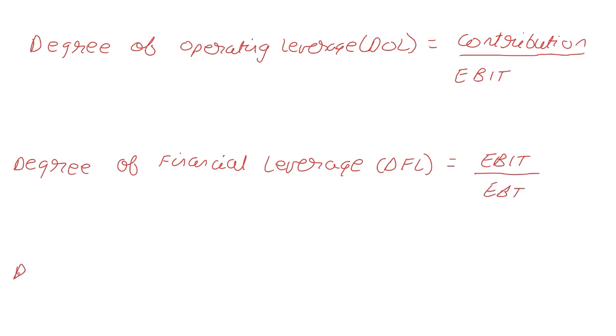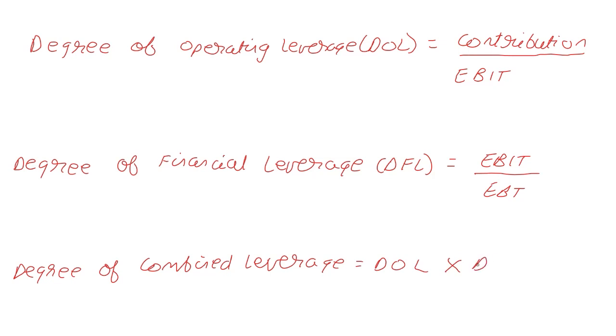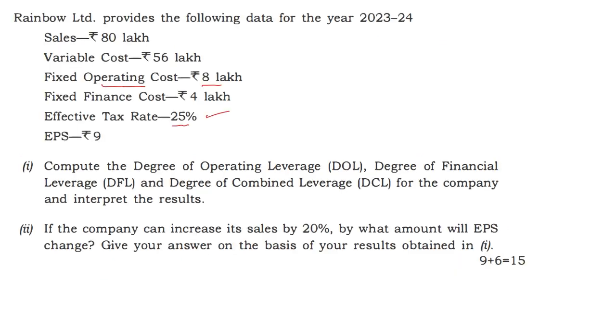Degree of combined leverage is equal to degree of operating leverage into degree of financial leverage. Okay, and going back to the question, they have asked us for these three, for which we're going to get ourselves 9 marks.